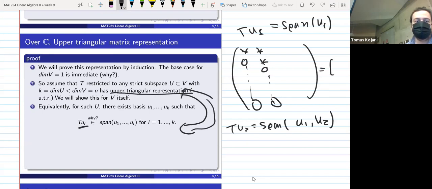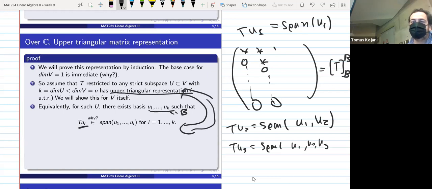This matrix is the TB, where this is B, B to B. Is that okay? Tu3 is in the span of u1, u2, u3: star, star, star, and then zeros. If you keep doing this, you're going to get upper triangular. So if you want to check something is upper triangular, it suffices to prove this span statement. So they're equivalent.